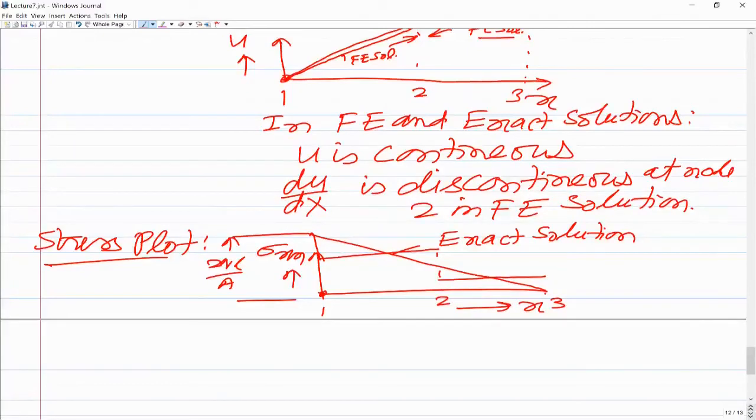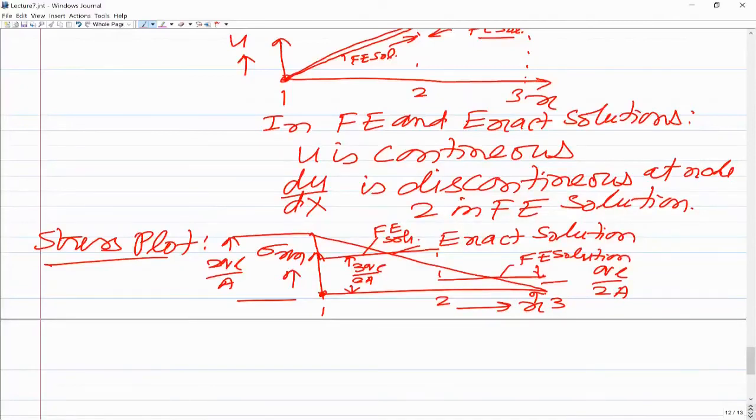The values, if you look at this, we got as 3ql upon 2a from FE, and this value we got as ql upon 2a. So this is the FE solution, and this is also the FE solution.